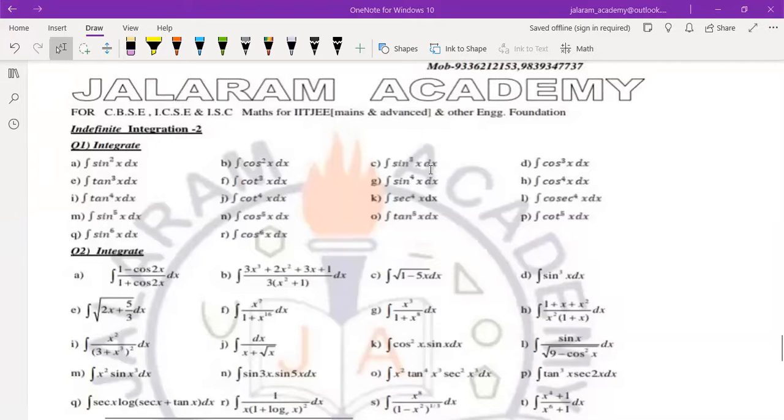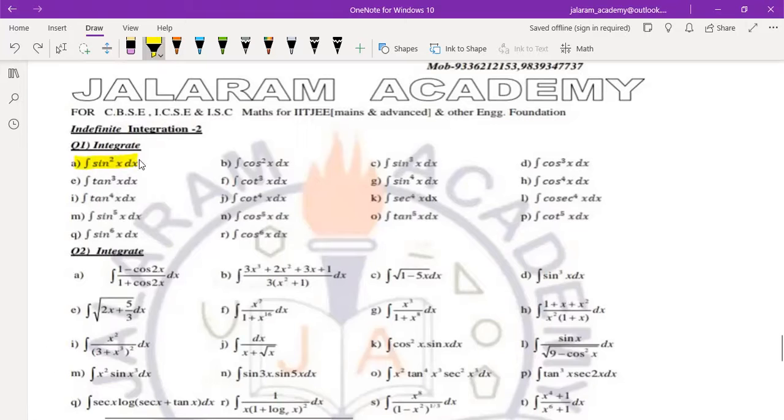Welcome back, students. After knowing all the simple general formulas of integration, we can now use them to solve different questions of indefinite integration related to trigonometry, like sine square x.